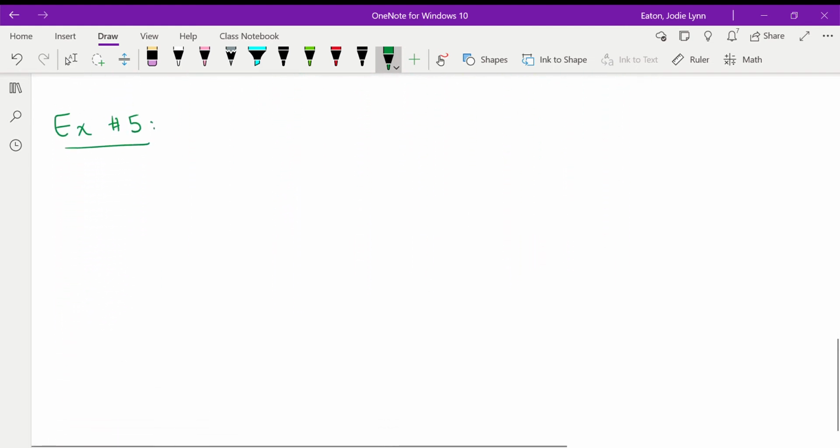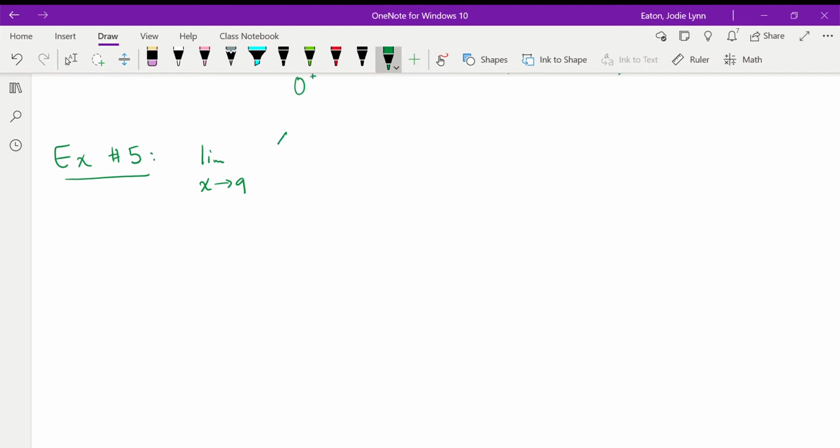Okay, example 5. We'll take a lovely function. Let's write what limit we're taking first. So the limit as x approaches 9 of x minus 9 over radical x minus 3.